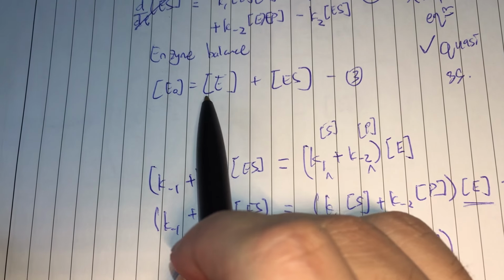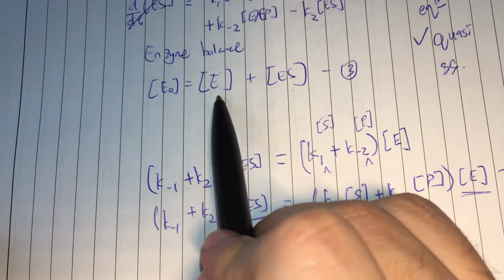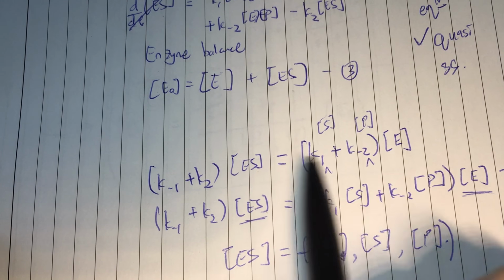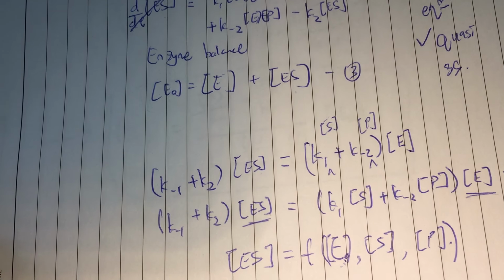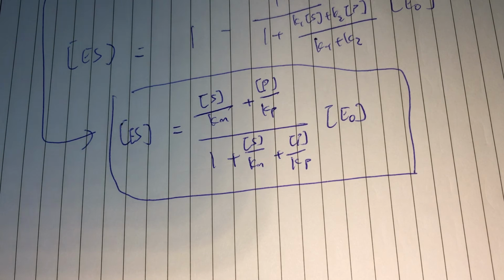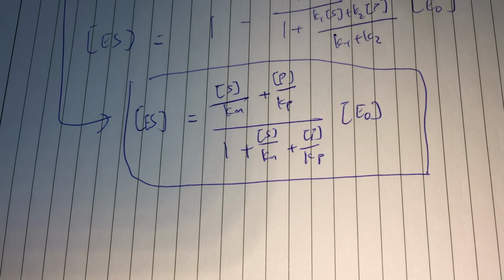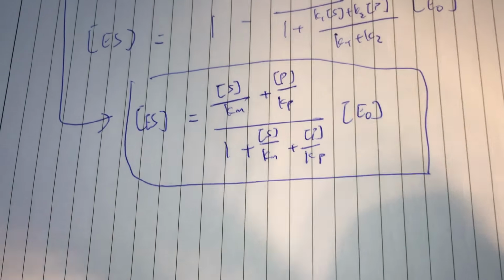We can substitute ES into here and we find E, or we can substitute ES into here and find E as well. So there are two ways of doing it, basically. And I suppose both should end up with the same result. It's just a matter of which is actually easier to do.